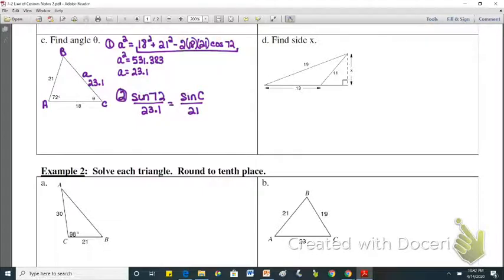So, review from yesterday, we're going to cross multiply. So that's 21 sine of 72 equals 23.1 sine of C. Divide both sides by 23.1.